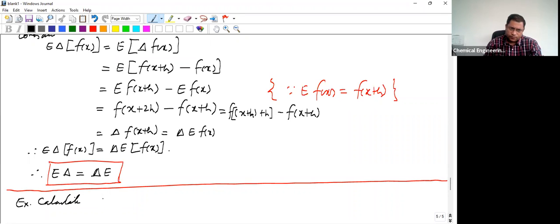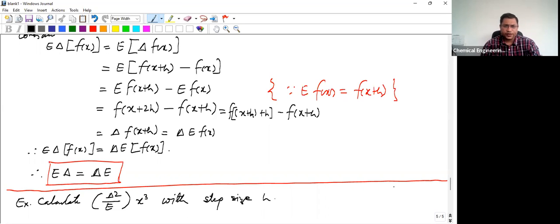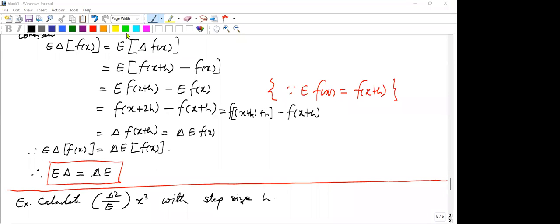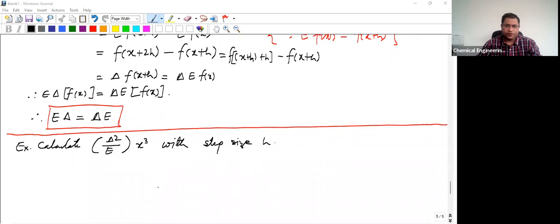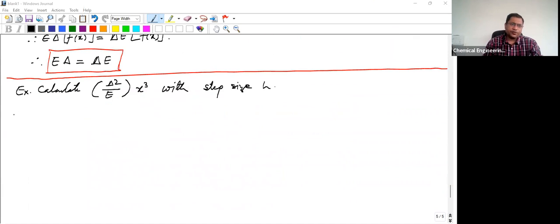Calculate delta square upon E operated on x cube with step size h. Using this we have to calculate this operator operated on this term. So we go with the solution.